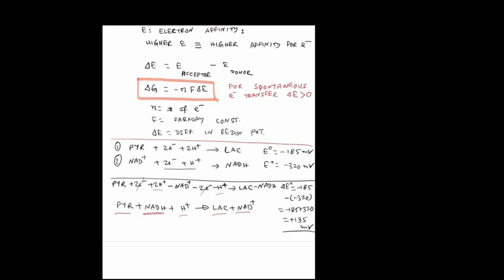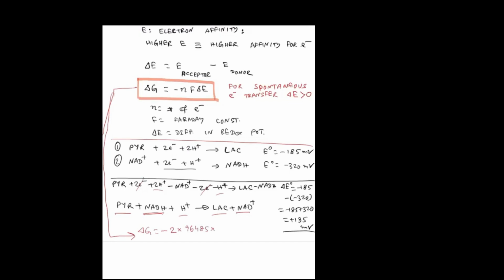So we can calculate delta G from this. Delta G equals minus n F delta E. What is the number of electrons? It is a 2 electron process, right? So n is 2. And Faraday's constant is, I believe, 96,485.